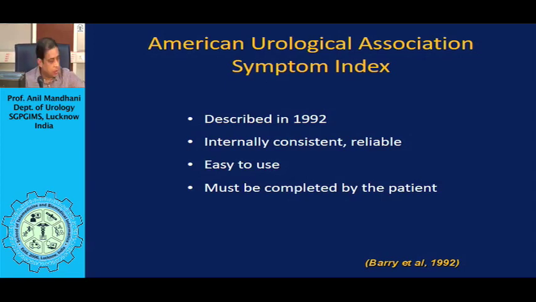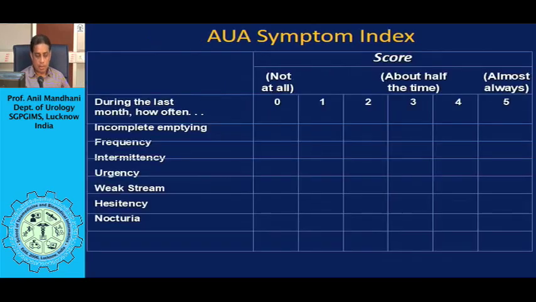Now let's talk about one of the common problems we face in our practice in elderly men. In our medical school days, we used to read a lot about prostatism.